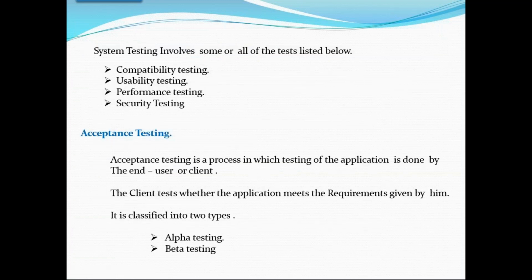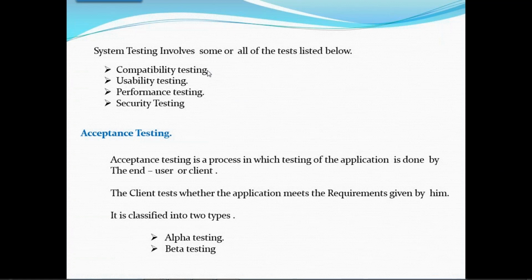System testing involves some or all of the tests listed below. When you want to do system testing, you need to cover all these things. Compatibility: what is the meaning of compatibility? You need to check whether this application works in all environments, not only one. Environment means a kind of server.